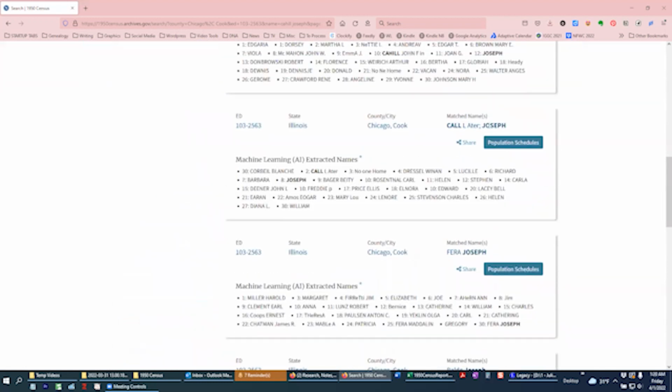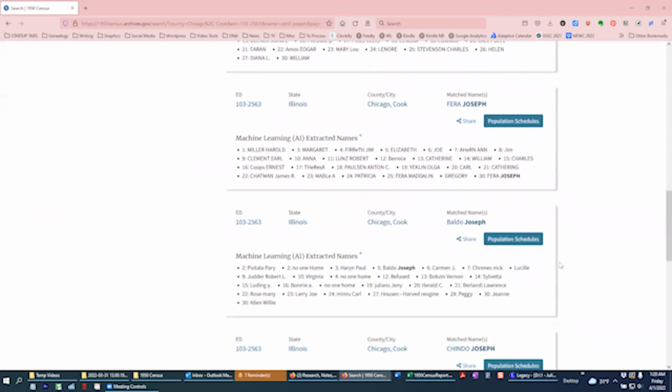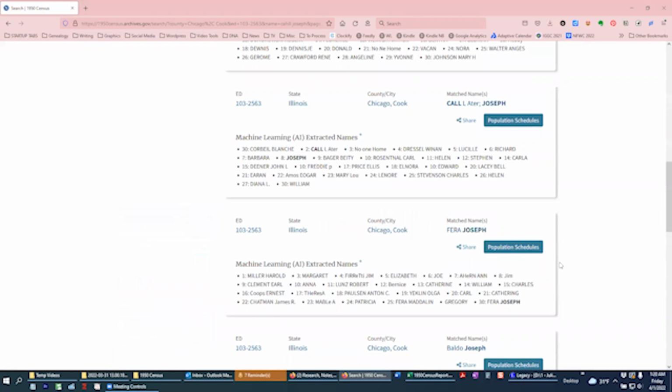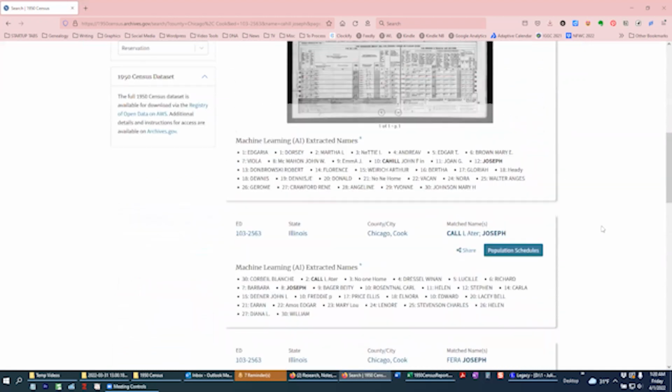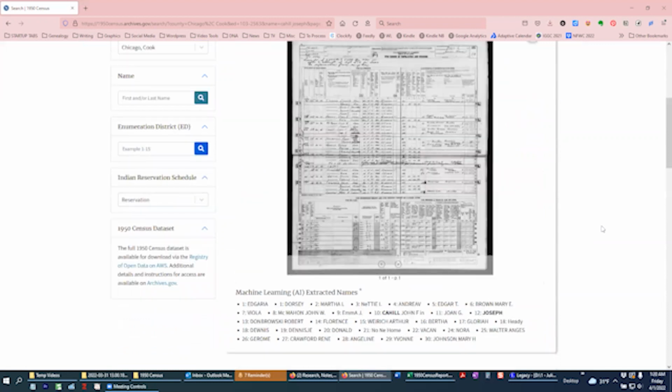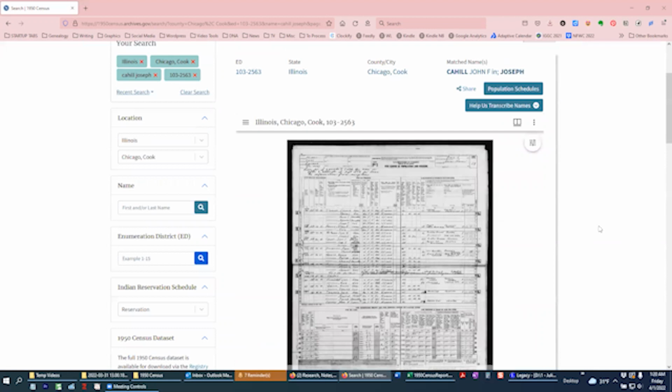But again, you'll see a Joseph and an Adder Call and a Joseph, but no Cahill. And it's very strange. I don't particularly like the search. It's not as flexible as, say, FamilySearch or Ancestry or MyHeritage or any of those. So unfortunately, that's kind of a bummer.